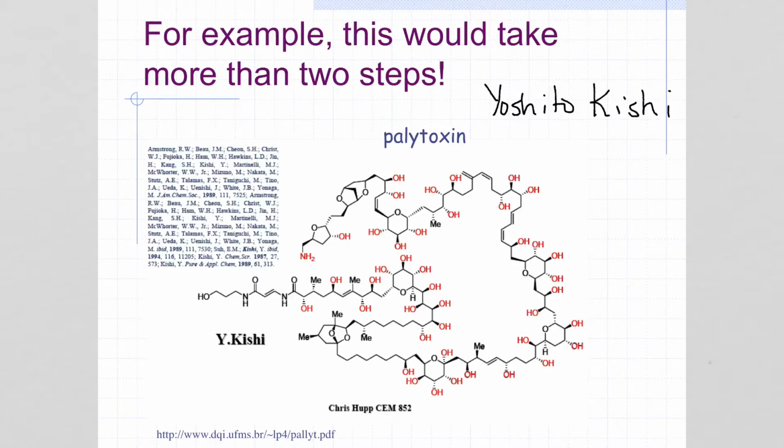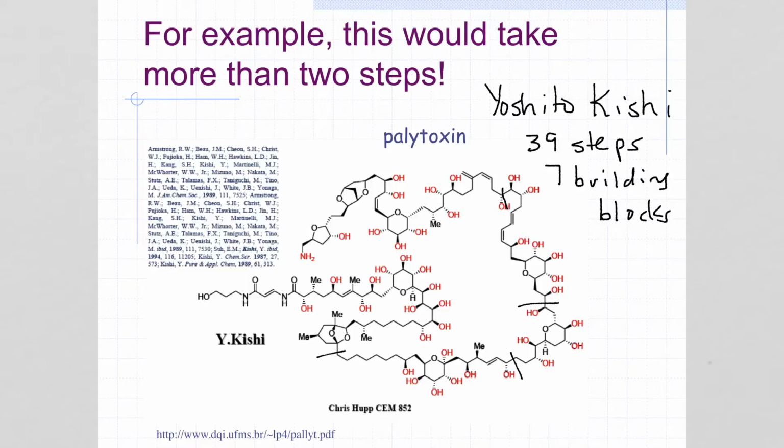Now, this molecule was synthesized in 39 steps, so 39 separate steps from 7 building blocks, meaning that they cut the molecule up, let's say, I'm just drawing random cuts here, they don't make any synthetic sense, but you would cut it up into 7 building blocks, and they needed 39 steps to assemble the molecule from that many blocks.